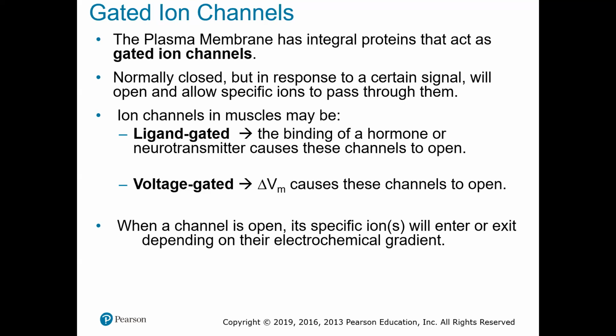It has to be a specific change in the potential on the membrane. Potential means charge. So we use both of these types of gates when we have a muscle contraction. We also use these same types of gates in the way our nerves function too. So we're going to talk about this again when we get into chapter 11.